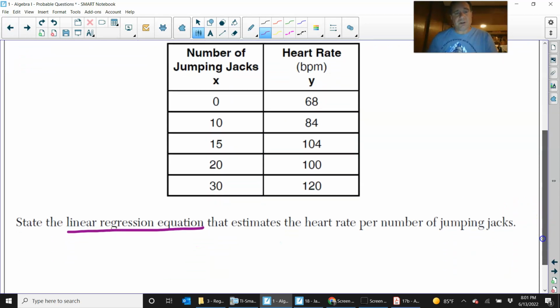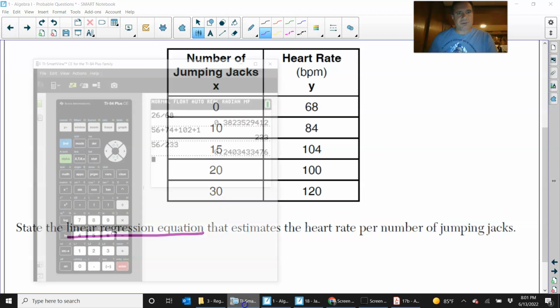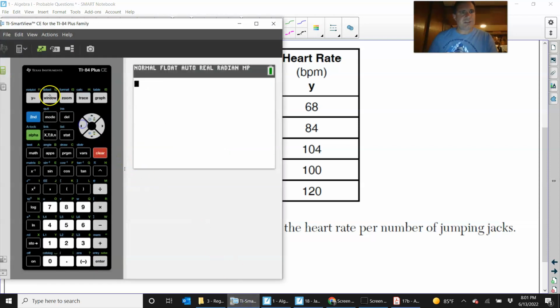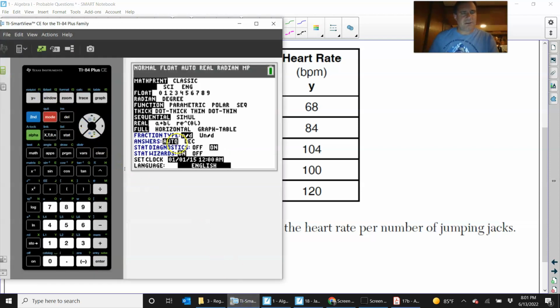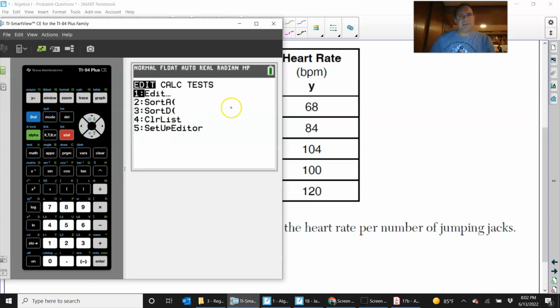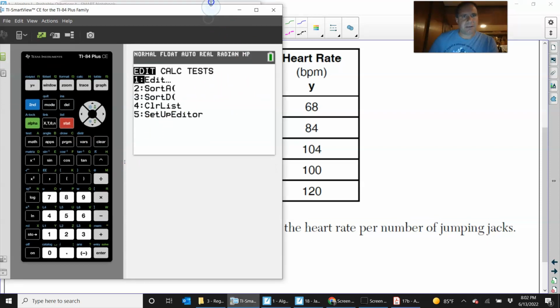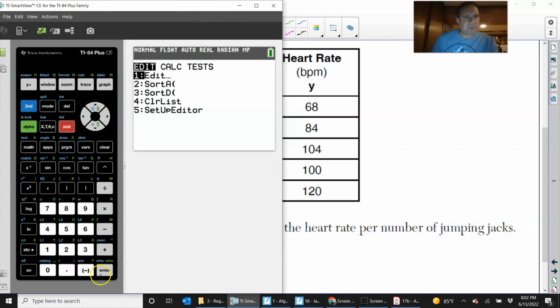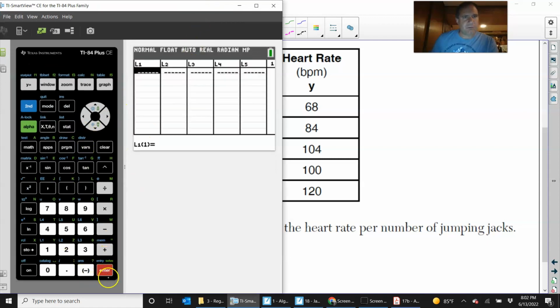All right, so we're going to grab the calculator. I'm going to show you exactly how to do that. Your stat diagnostics is on already. And then you're going to press stat. You'll be on edit. You see this L1?